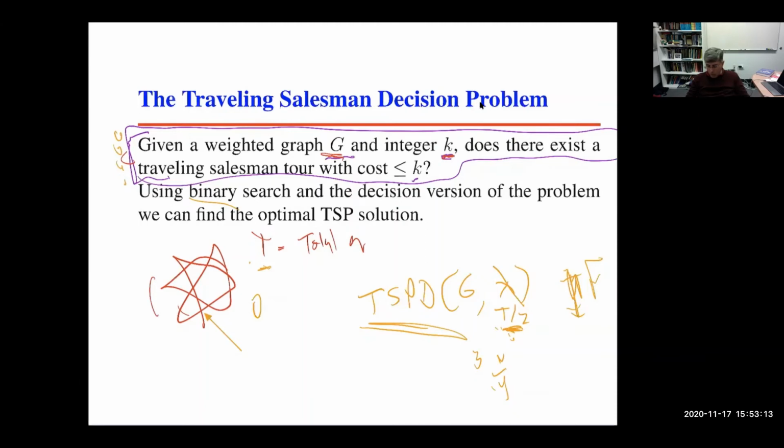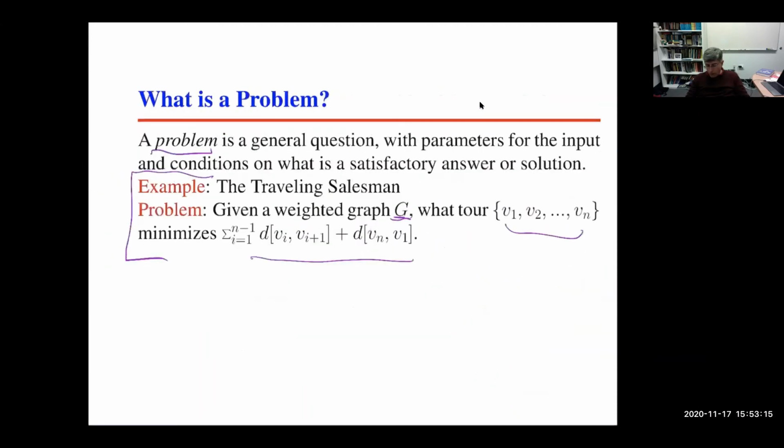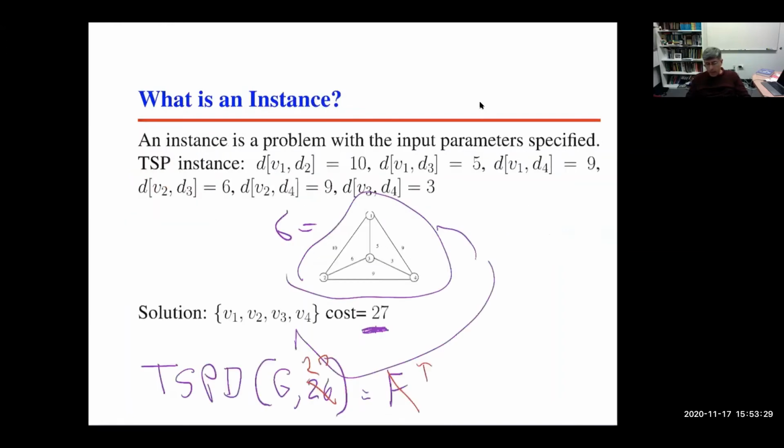Okay, so where are we so far? We're living in a world where we're concerned about how hard certain problems are. Do certain algorithm problems have fast solutions or not? Again, the general thing is a problem. The actual instance is the data we feed, the parameters we feed a problem.